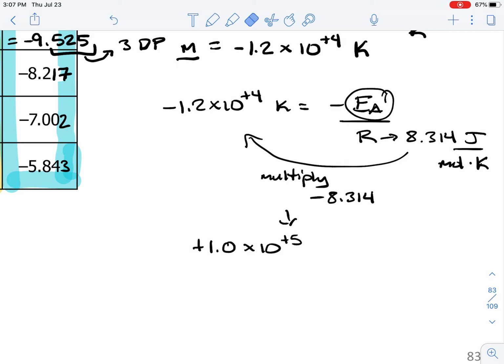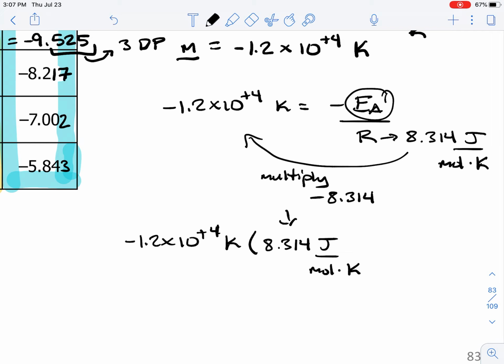Actually, you know what? Let me just show my work here so that way you guys can see units cancel. So I'll do negative 1.2 times 10 to the positive 4 Kelvin times 8.314 joules per mole Kelvin.